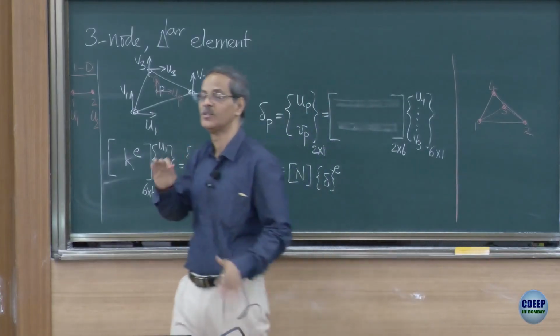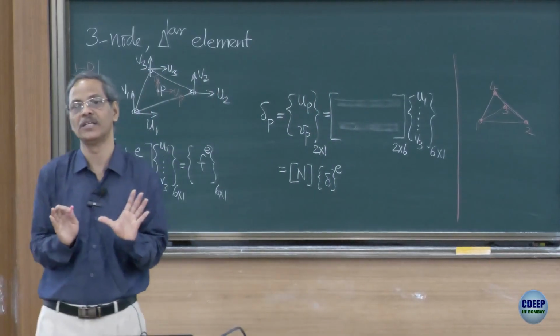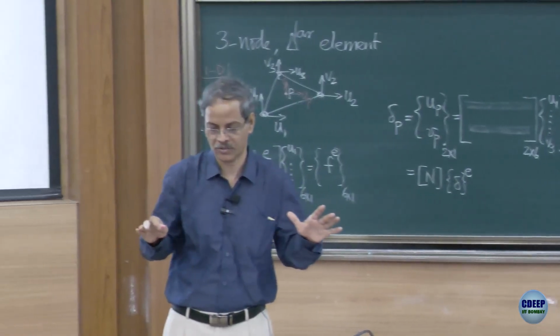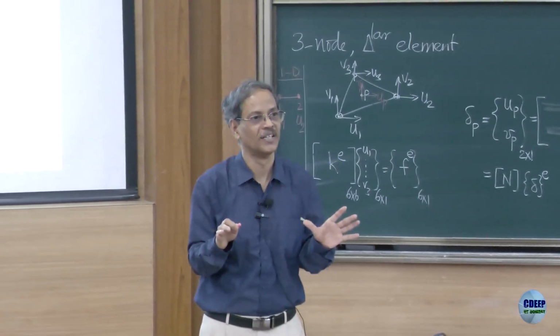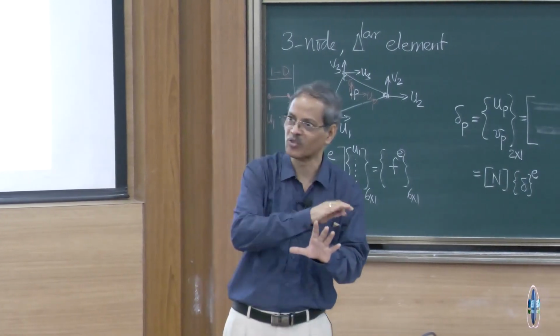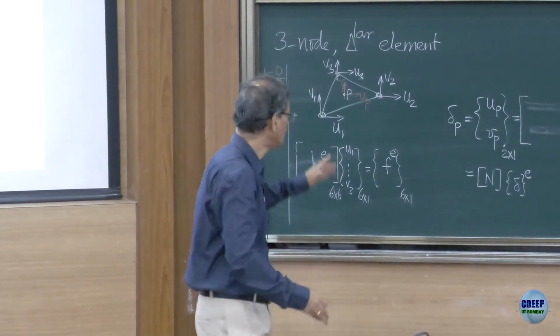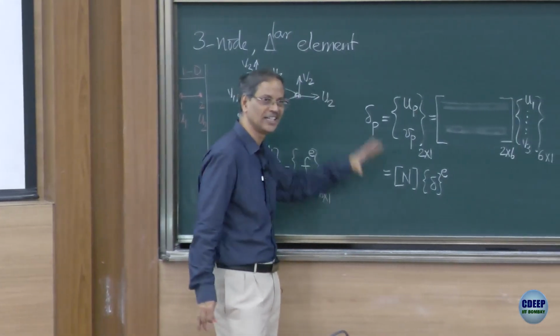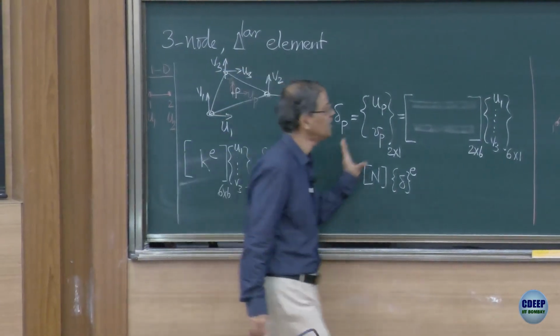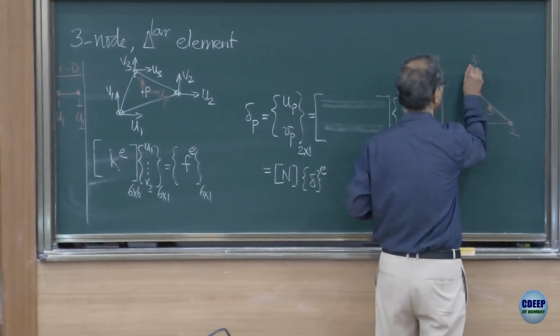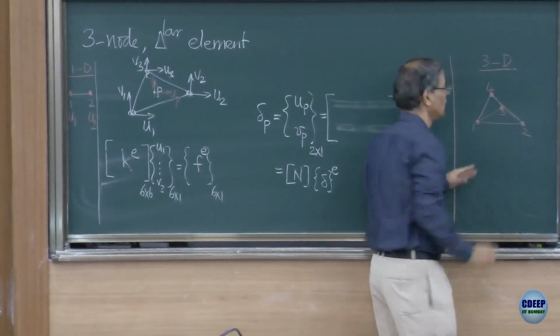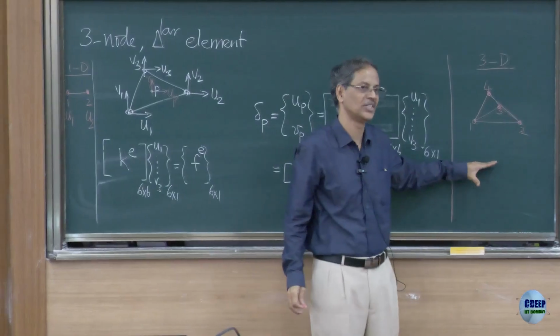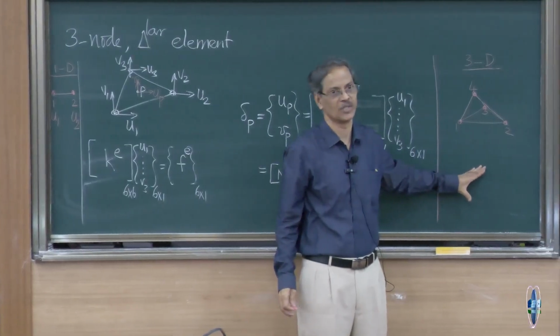So, since you are now familiar with natural coordinates and the derivative transformation, Jacobian and all that, if you understand this logic and the method, notation, etc., then extending it to 3D should not be difficult at all for you. So, I will not be discussing 3D in this course.